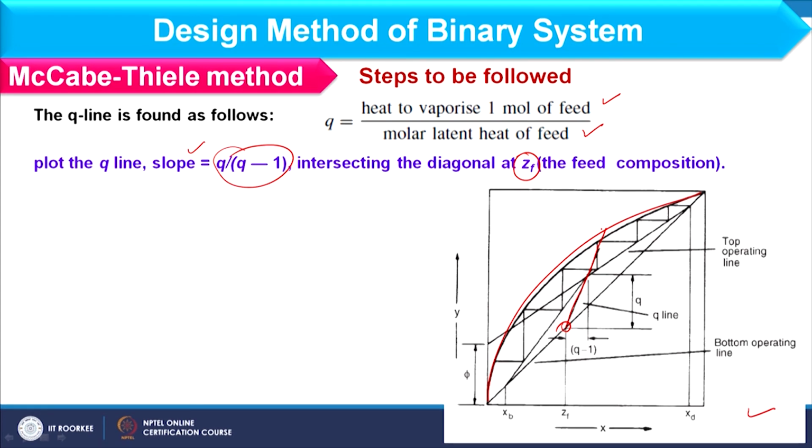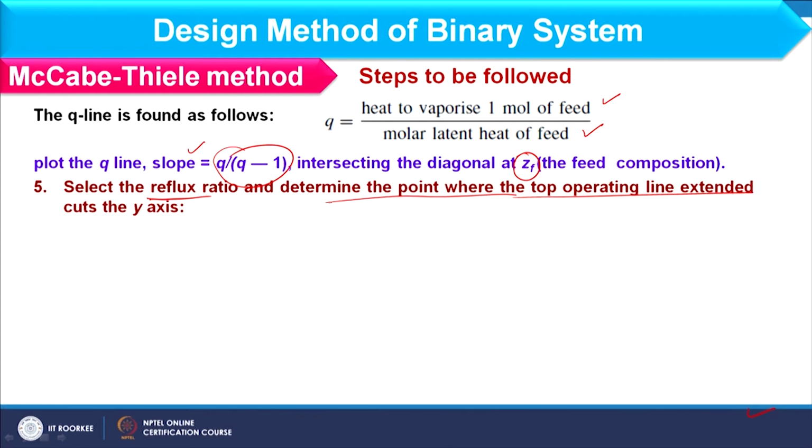Okay. So, that is basically the Q line, and then select the reflux ratio and determine the point where the top operating line extended cuts the y axis, right. So, this is basically the cut on the y axis, and that will be equal to xd by 1 plus r.